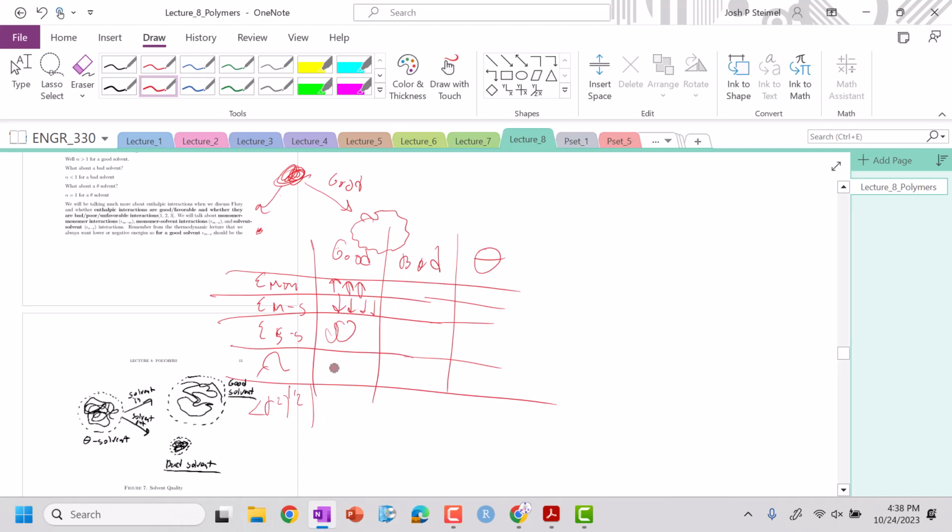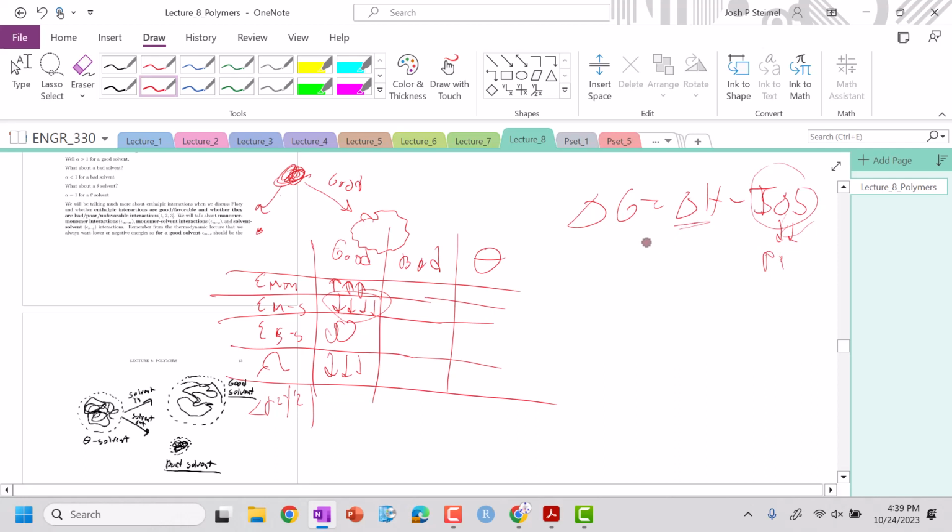However, once I swell, I decrease my number of entropic states. So back to our Gibbs free energy, minus T delta S, I am decreasing my delta S when I'm swelling, but I'm gaining more favorable monomer-solvent interactions. So overall, this contribution is increasing my energy, but I'm gaining more favorable negative enthalpic interactions, so my total free energy will decrease from this.